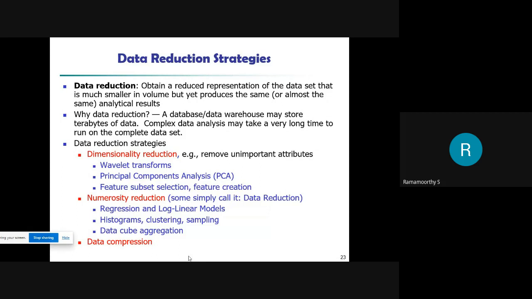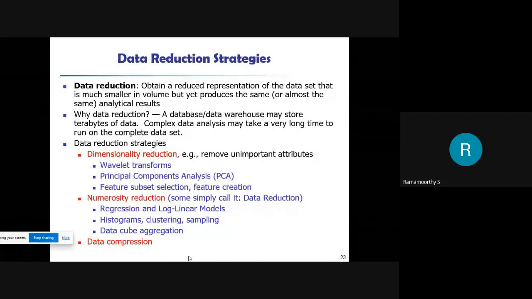Some of the attributes you may feel are not going to make an impact on the analysis, so you can directly remove those unimportant attributes from the data set. Under dimensionality reduction, you can identify wavelet transforms, principal component analysis, feature subset selection and feature creation. These are some of the techniques under dimensionality reduction.